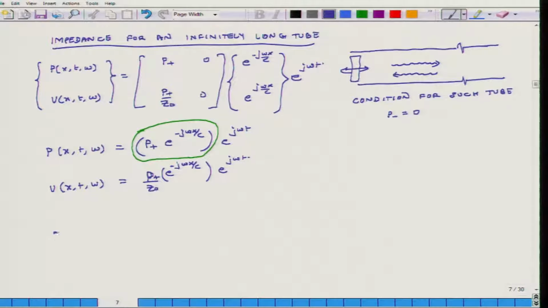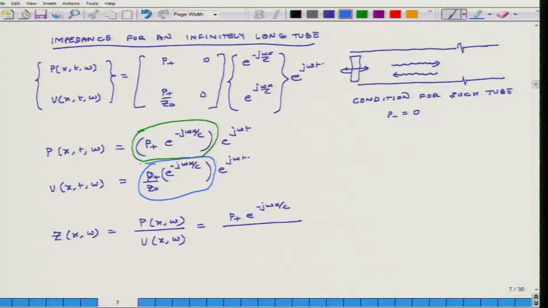So, I will write the expression: Z is the ratio of complex pressure amplitude divided by complex velocity amplitude, and that is equal to P plus e to the minus j omega x over c, divided by, so the complex velocity amplitude is this term in blue, that is P plus by Z naught times e to the minus j omega x over c, and that becomes simply Z naught.